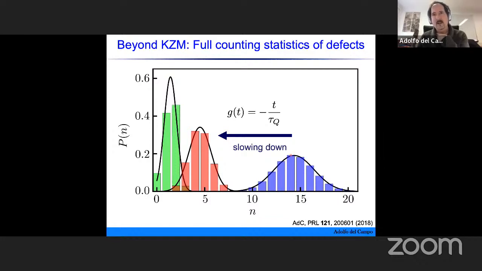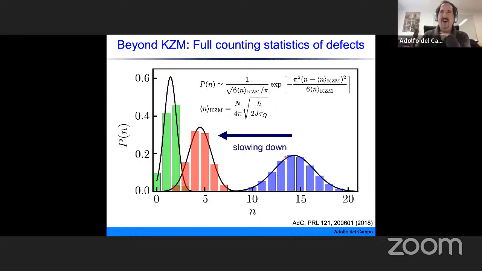The solid lines are Gaussian approximations given by this formula, where essentially we are stating that the probability of having a well-defined number of topological defects is a Gaussian peaked at the density predicted by the Kibble-Zurek mechanism, with a variance which is linear in the density predicted by the Kibble-Zurek mechanism. So it's a normal distribution, but with this peculiar feature that the variance is proportional to the density. It's not quite Poissonian because it's proportional, it's not equal.